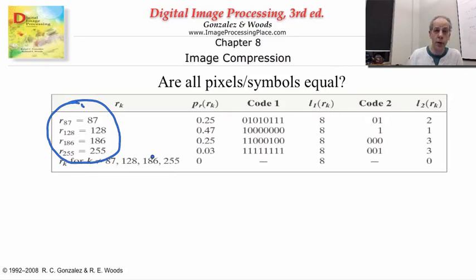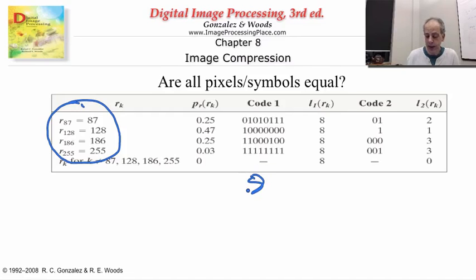So the standard way to represent this image is we have an array, and for every pixel, we have a binary code with 8 bits. So we are going to represent 87 with its binary representation, we're going to represent 128 with its own binary representation, and so on. So at the end, we are spending 8 bits per pixel if we don't compress.